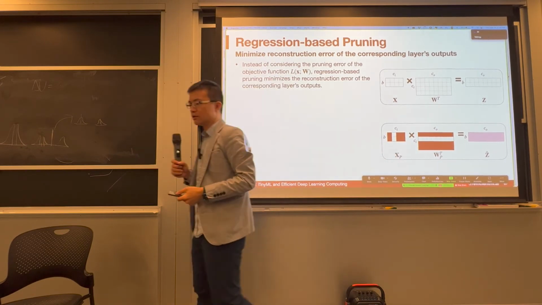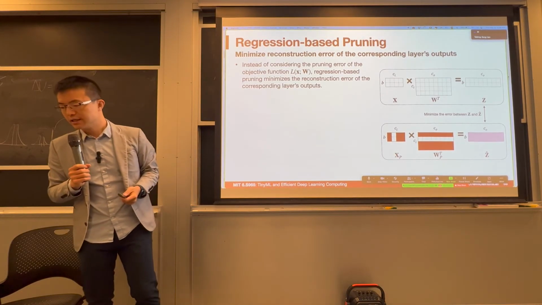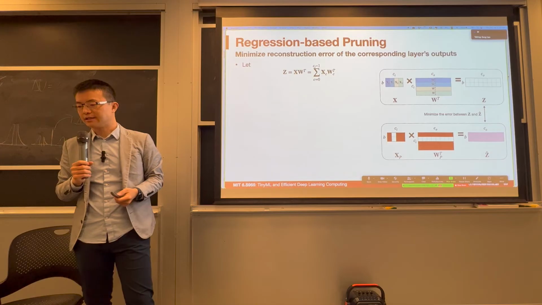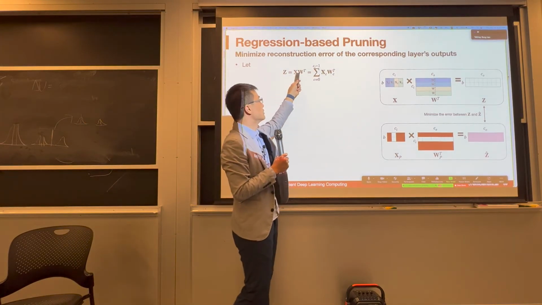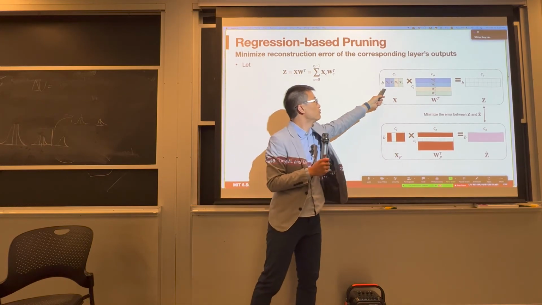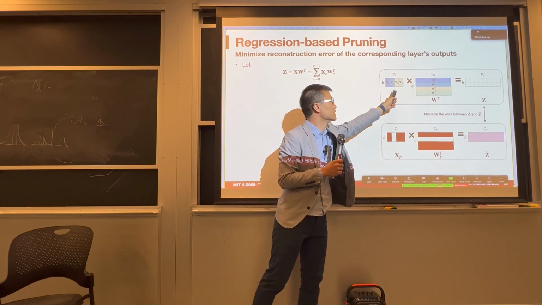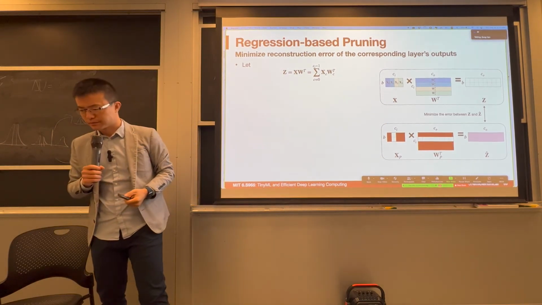In this heuristic, we try to minimize the error between z and z hat. z is originally equal to x w transpose. We have four columns in x and 4 rows in w.